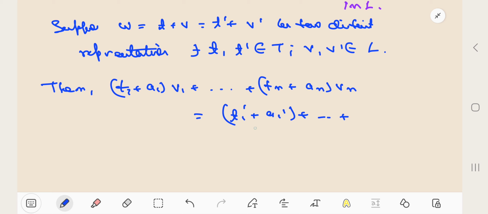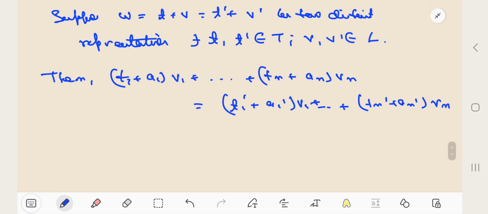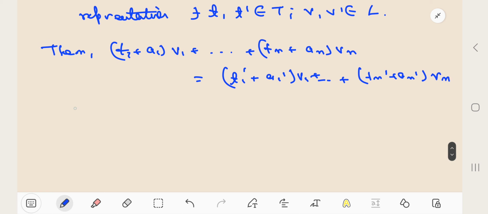Similarly on the right hand side, t1 prime v1 till tn prime vn constitutes the part t prime, and a1 prime v1 till an prime vn constitutes the part v prime. But all these vi's are linearly independent, right?